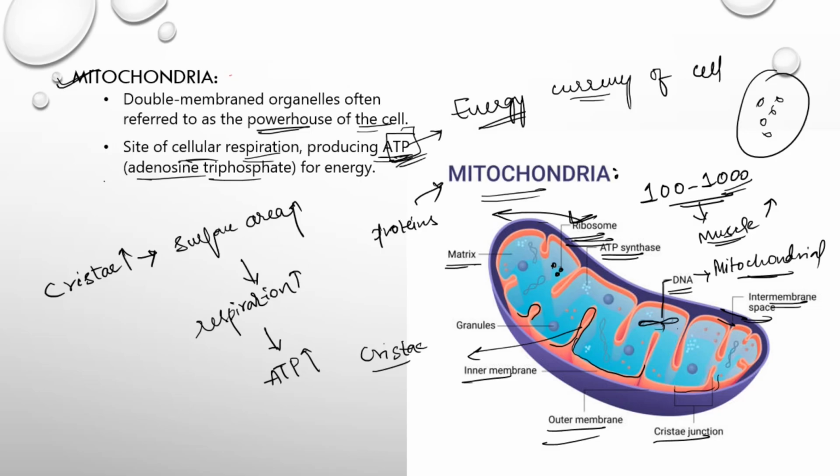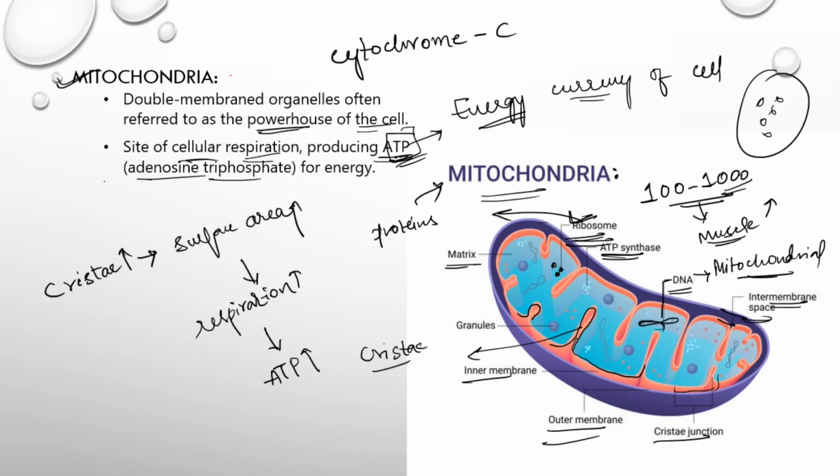So ATP has to be synthesized. The energy liberated from the respiration reactions is converted to ATP by the help of the enzyme ATP synthetase. Is that clear, students? Is that clear?